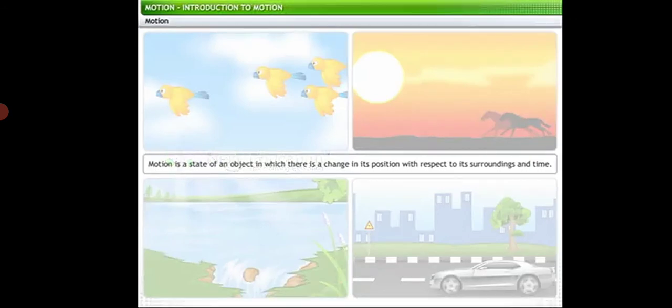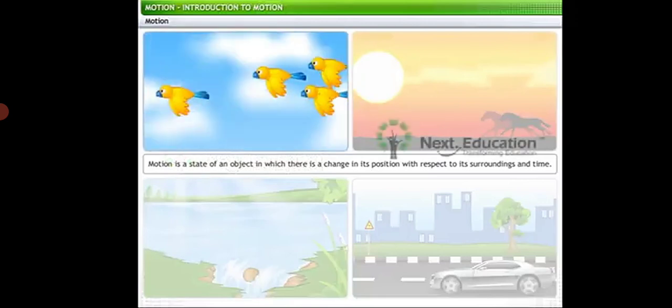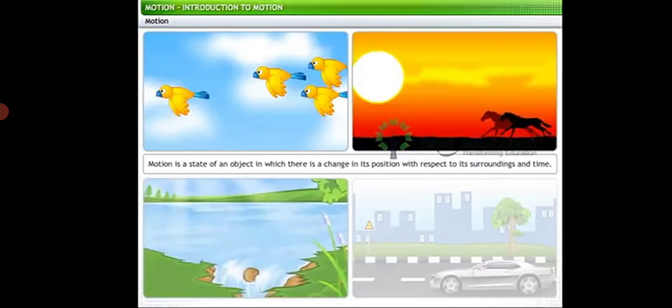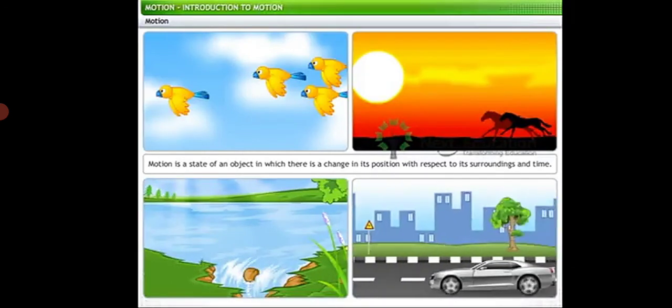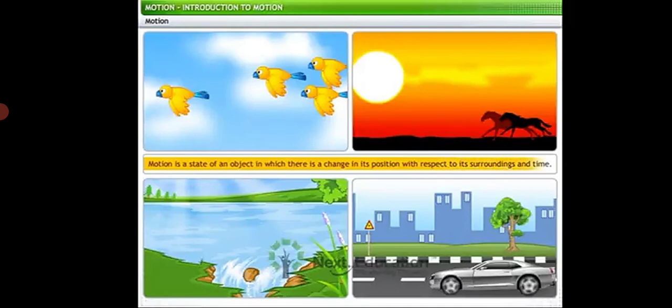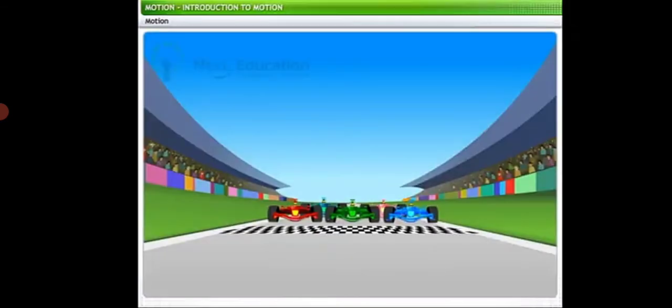You see some objects at rest and others in motion. Birds fly, horses gallop, water flows through rivers and cars move. You see, these are in motion. Thus, motion is a state of an object in which there is a change in its position with respect to its surroundings and time.